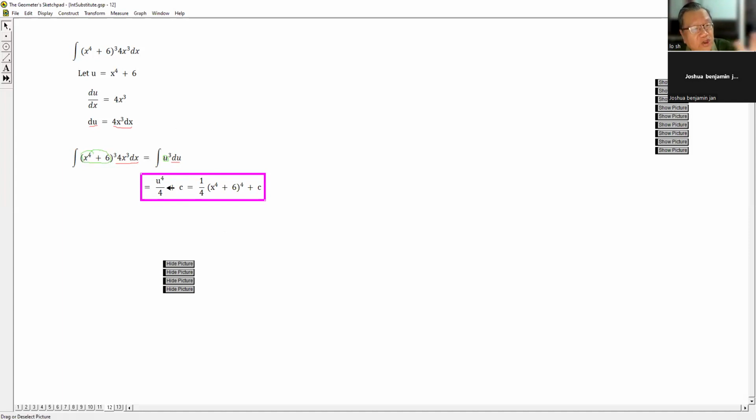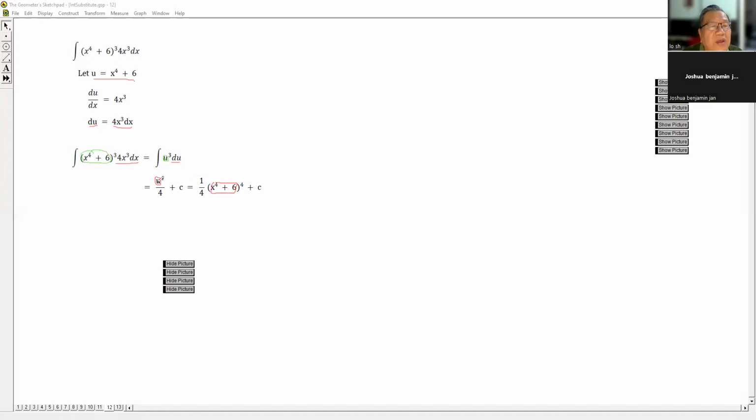So you have to change this u back to x. So how to change the u back to x? So this u, you change back to this one, x to the power 4 plus 6. Because we said u is x to the power 4 plus 6.